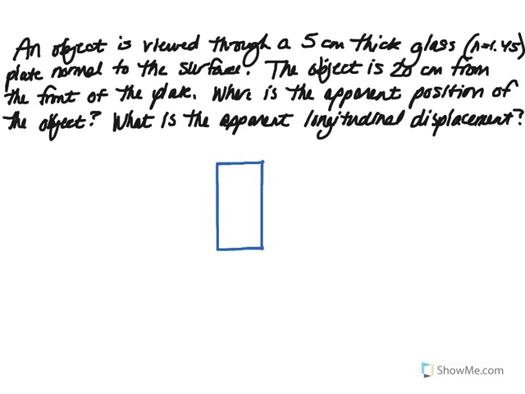And for this example, we have a 5 centimeter thick piece of glass, and the index is 1.45. And so we can calculate the apparent thickness of the glass. Our object distance is 5 centimeters.